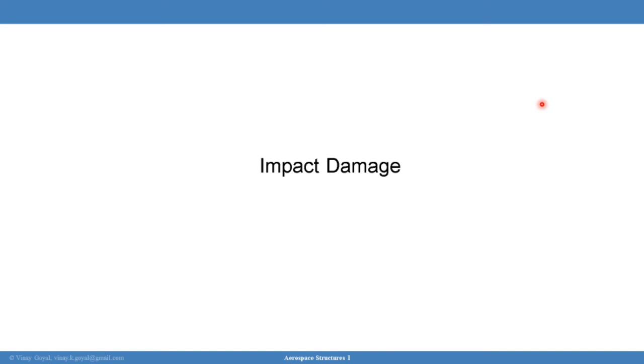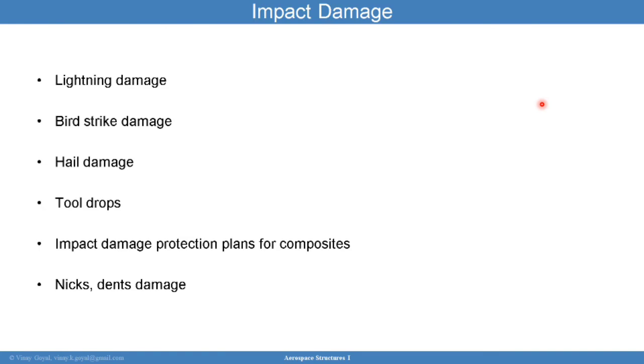Let's cover the idea of impact damage, a very important idea that requires careful attention, as impact damage is one of those events that is one reason why composite materials can be quite challenging in application. Now, impact damage can also occur in metals. The good news is with metals, we can see what impact damage has done. You will see it in the form of nicks, dents, damage.